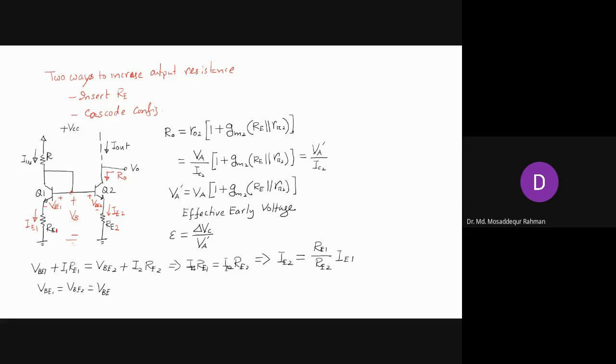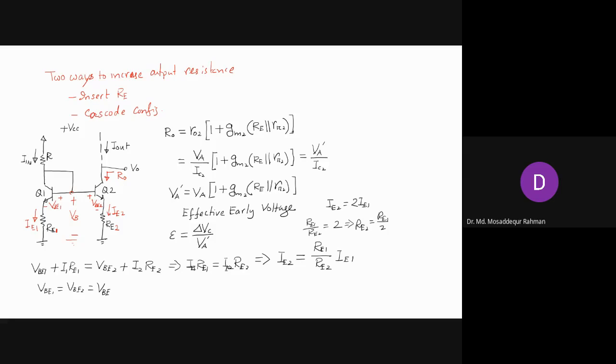So you see that if you want IE2 to be 2 times IE1, double the IE1, then you choose this ratio RE1 over RE2 equal to 2. That means the resistance RE2 should be half the resistance of RE1. Then the current will be double.